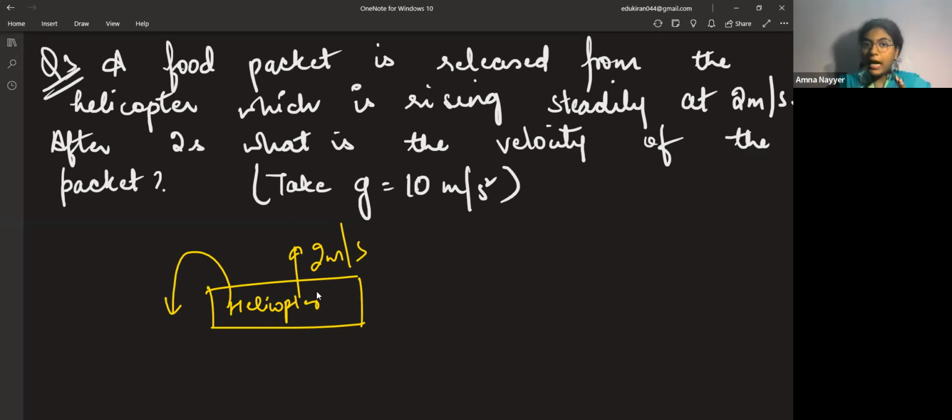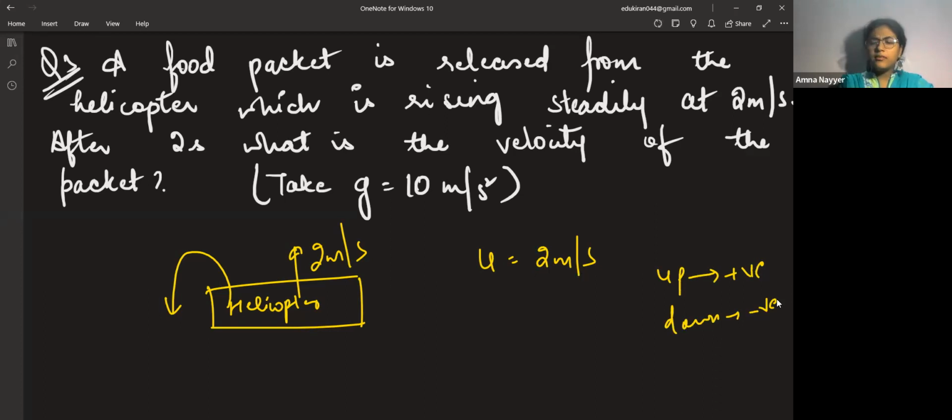So here also, since the packet was coming from the helicopter, its initial velocity will be 2 meters per second. But again, class, one thing we have to choose. Let's say upwards is positive, downwards is negative. You can choose any sign convention. Your final answer's sign will depict the actual direction.